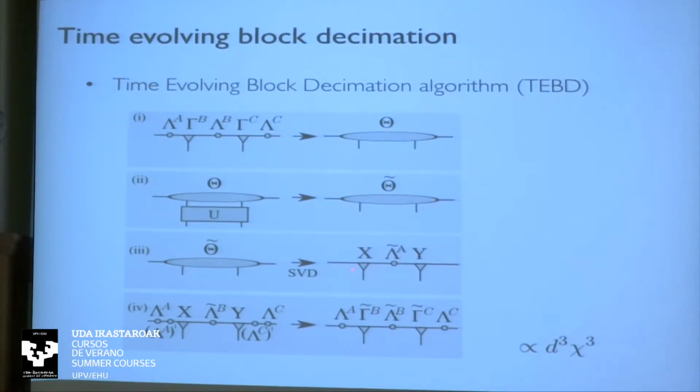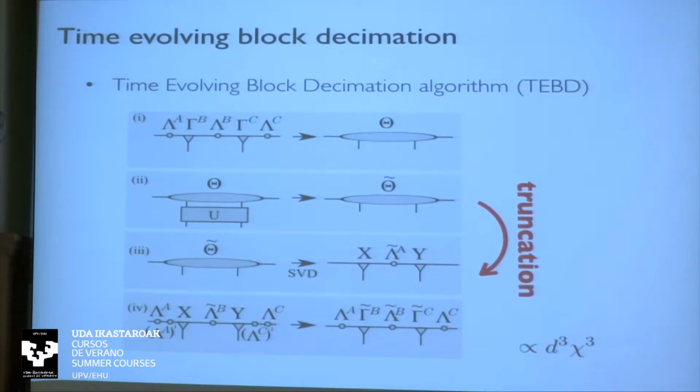Because this is a d times chi by d times chi dimensional matrix, and if you perform a singular value decomposition, then we have d times chi singular values. But that's bad news, because each time we apply a layer of these Trotter gates, we would find that the bond dimension increases by a factor of d, which means it increases exponentially.